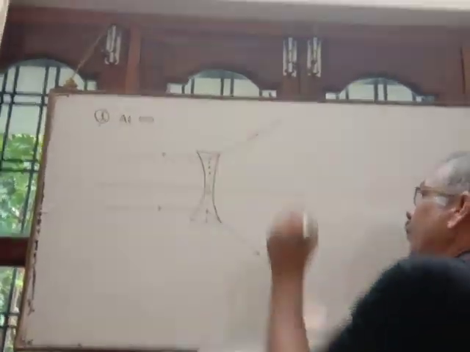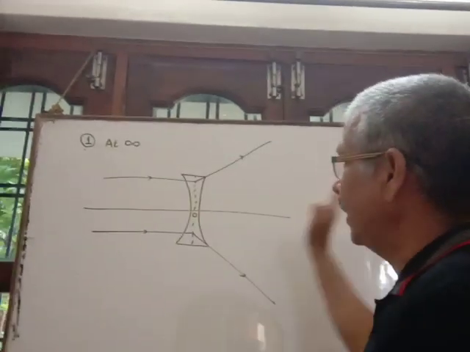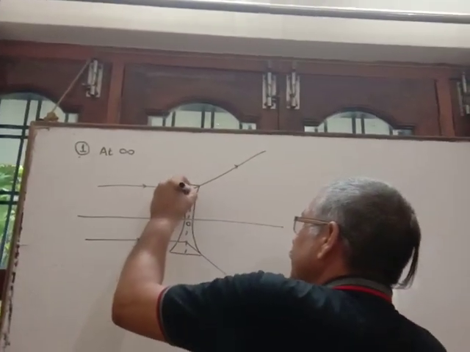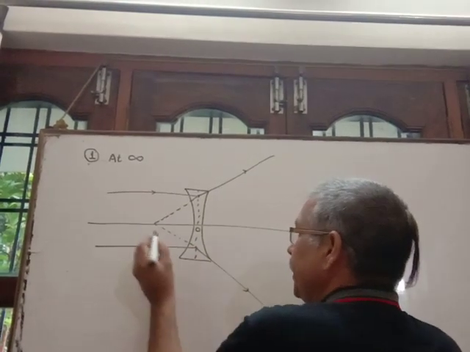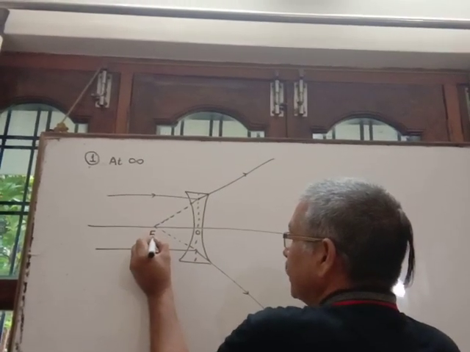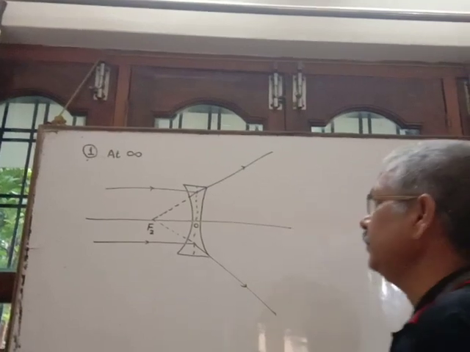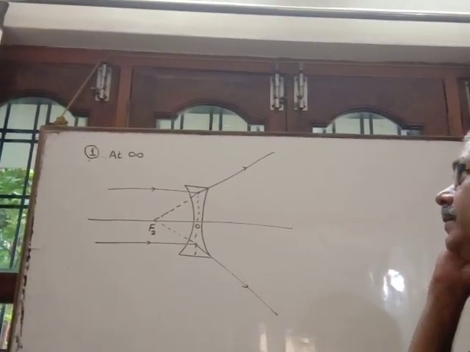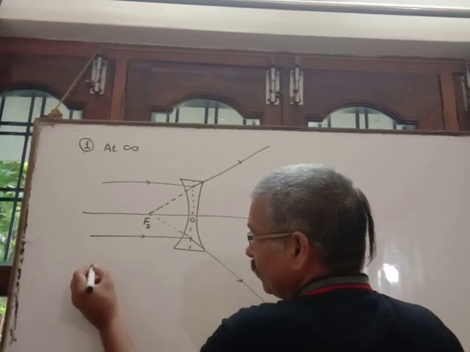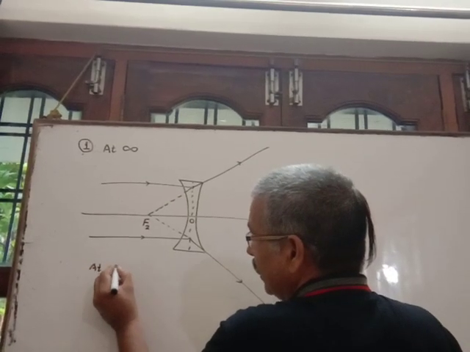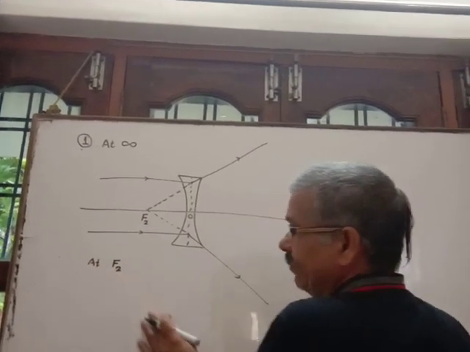And when we extend these refracted rays in the reverse direction, they appear to meet at the second focus. So the image appears to form at the second focus.